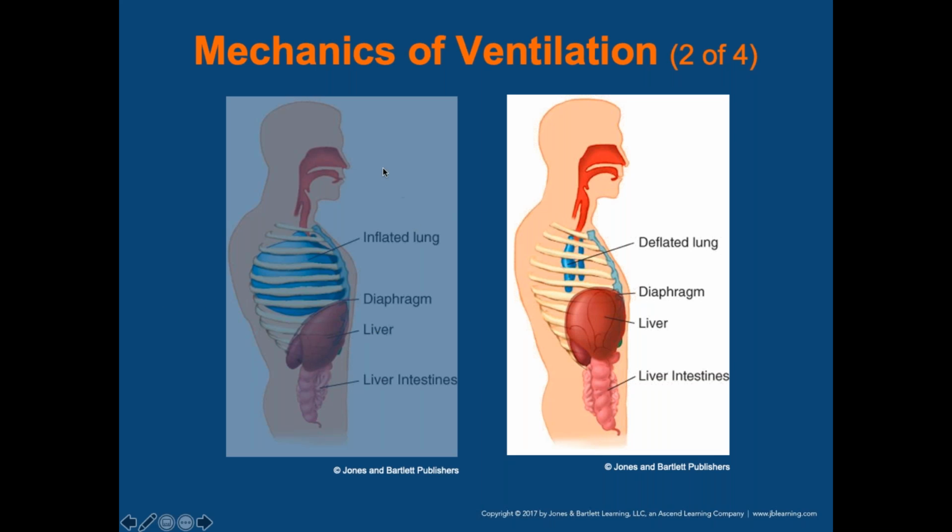So as you can see in this picture over here, in the more grayed out area, you have an inflated lung. This is during inhalation. So the diaphragm starts to expand. Here's your liver down here. Your liver and intestines run down. So as your diaphragm is expanding, causing muscle use to do so, it starts to expand as air comes in.